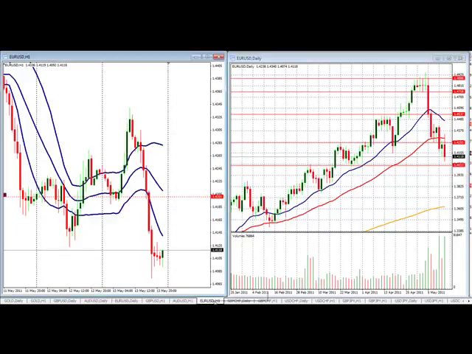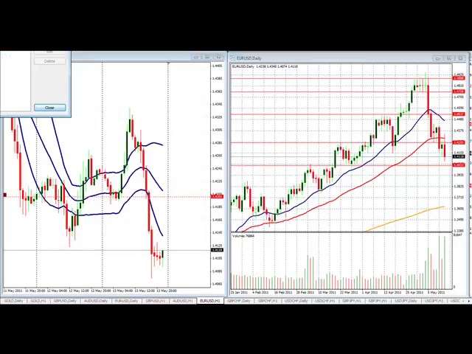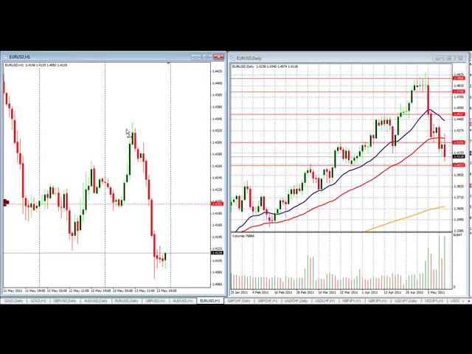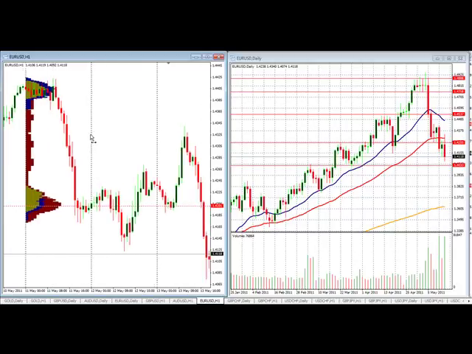Now, when we bring in the hourly chart, let's switch this over. Check my indicator list here. We'll get rid of the Bollinger Bands. And we can see, let's drag it over, there we go. We can see we're below the last volume support resistance, so there's definitely some weakness there.